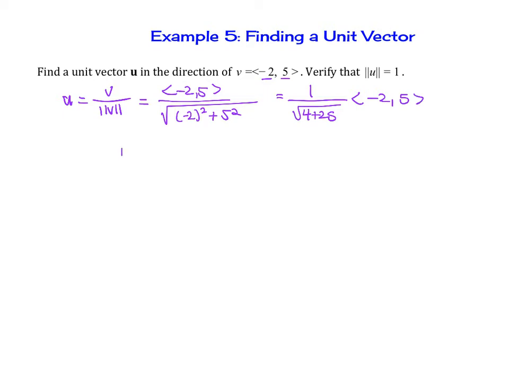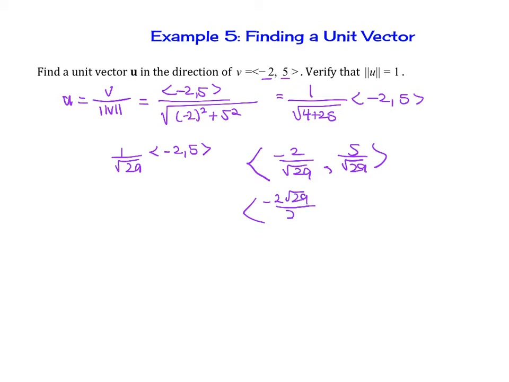And so this is going to be 1 over square root of 29 times negative 2, 5. Then the vector will be, and you distribute it, negative 2 over root 29, and then 5 over root 29. Of course, you should rationalize the denominator. So negative 2 root 29 over 29, and 5 root 29 over 29.